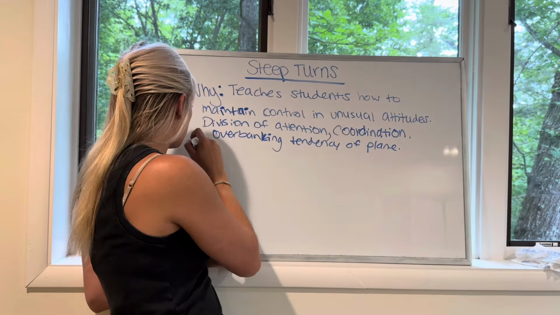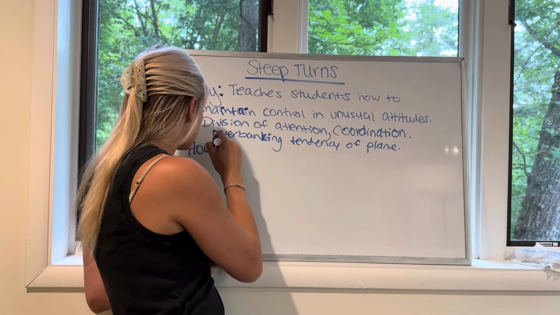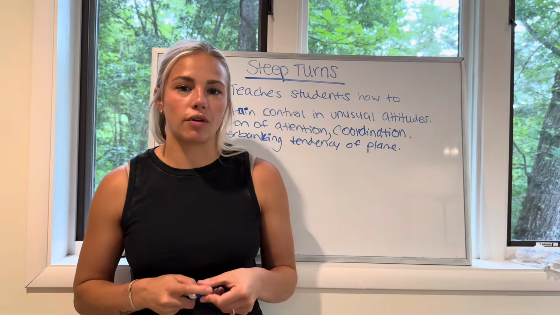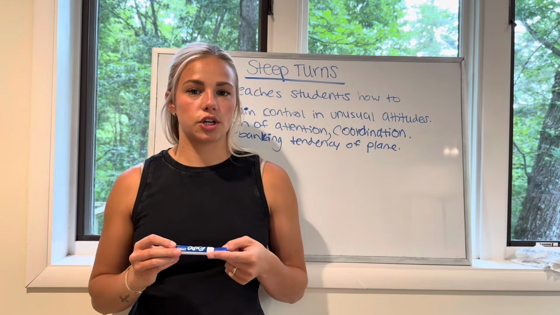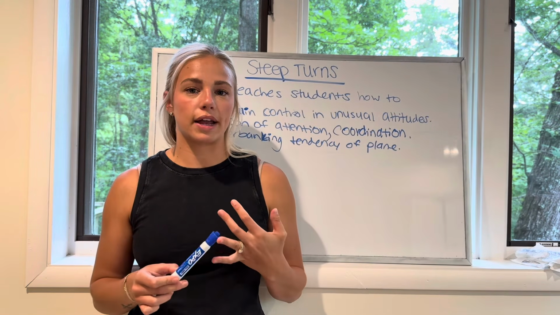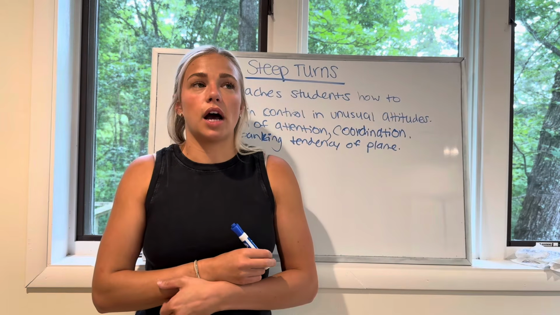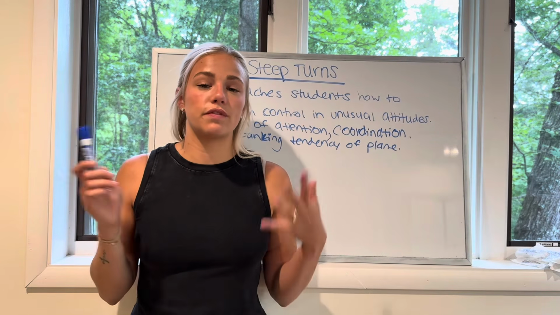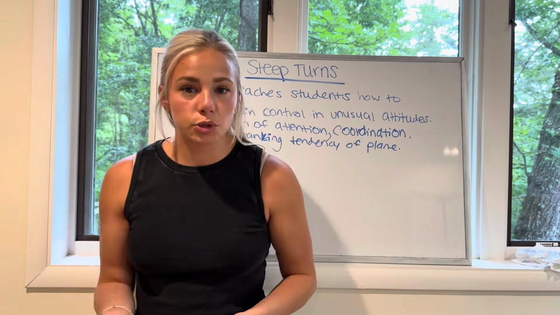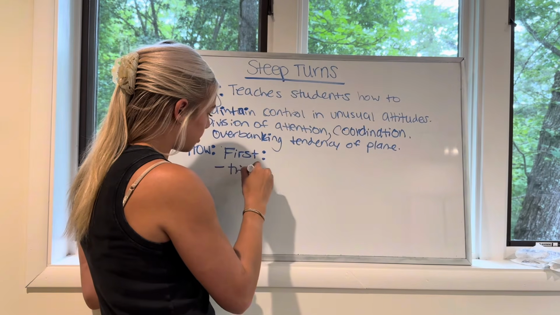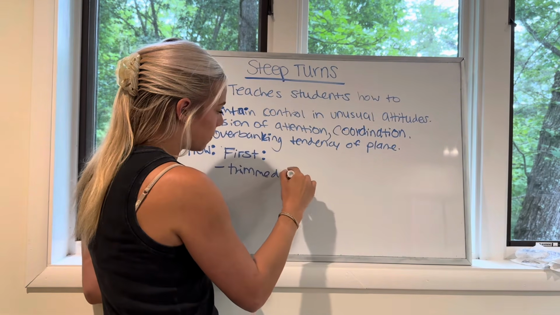So now we're going to get into how we do it. Start off, we're always going to start our maneuvers with CRACK. So clearing turns, we're going to do radio calls, get our altitude and our airspeed, setup and configuration of the plane. What I like to do before a steep turn is we're going to get the airplane trimmed out.